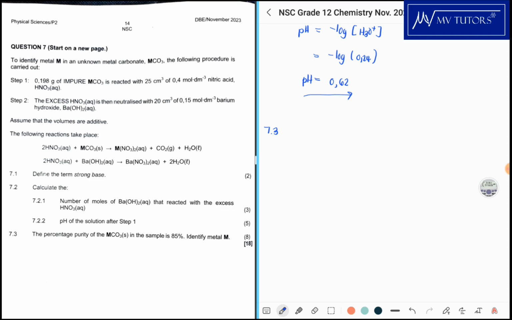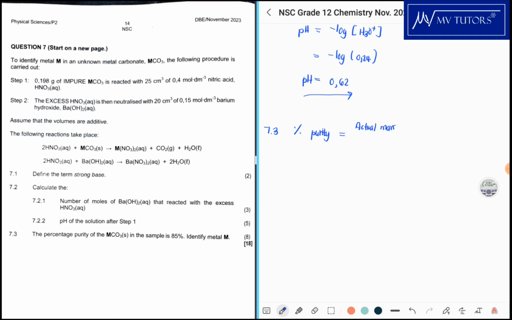Identify metal M. So remember our formula. We have percent purity. With this percent purity, we've been given mass.